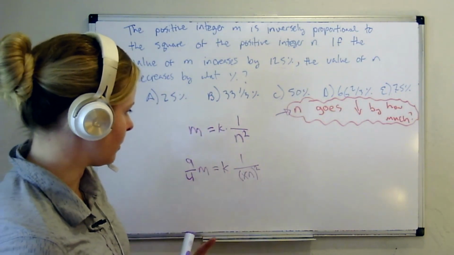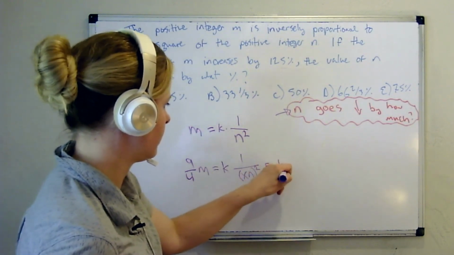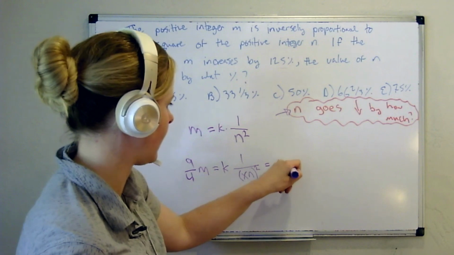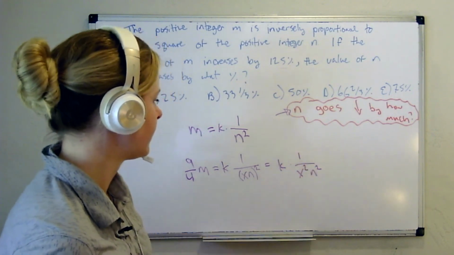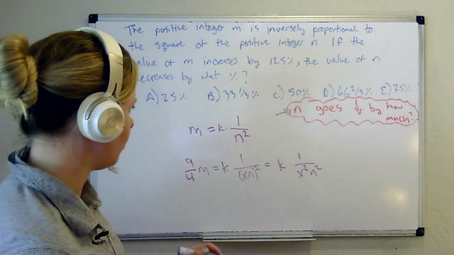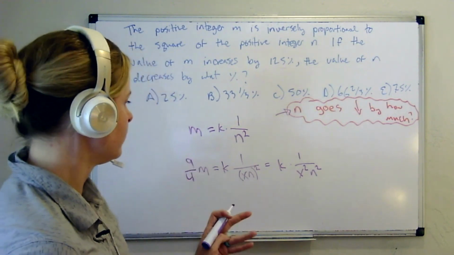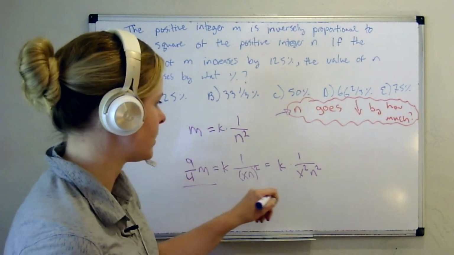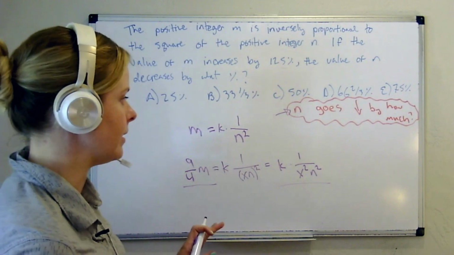So to make this a little bit simpler, let's go ahead and distribute out this square. So that's going to be equal to k times 1 over x squared times n squared. Now we've got a whole bunch of pretty nasty variables here. We want to start eliminating variables. So I've got 9/4 m on one side, I've got this mess on the other side. How can I eliminate some of these variables?